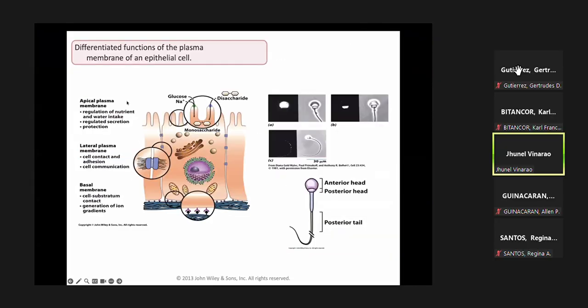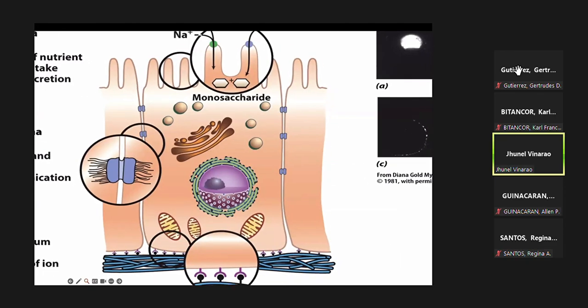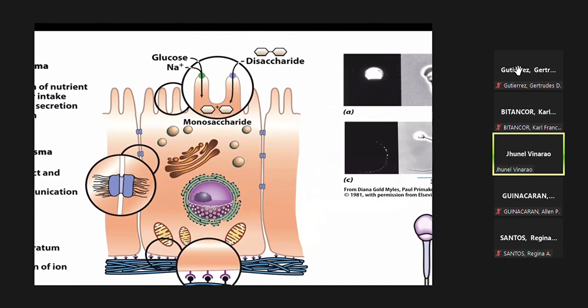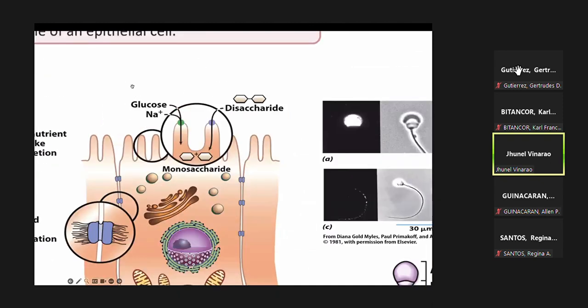And there are also differences in the proteins found in different locations. Let's say in the intestine. So this is the cross section of your intestine. This space, what do you call the space in your gastrointestinal tract? That is called the lumen, right?